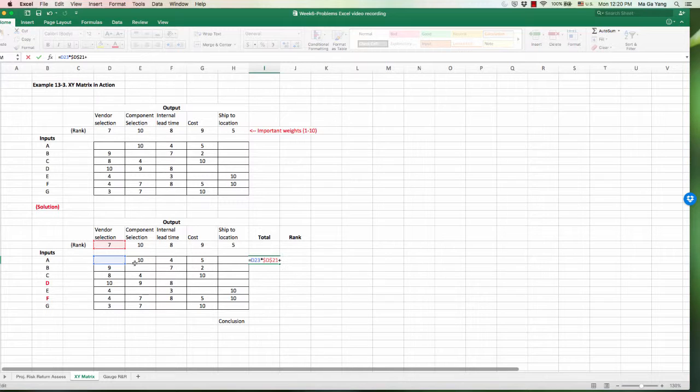Plus input A times component selection. Again, we want to fix this there. Plus input A times internal lead time. Fix this there.